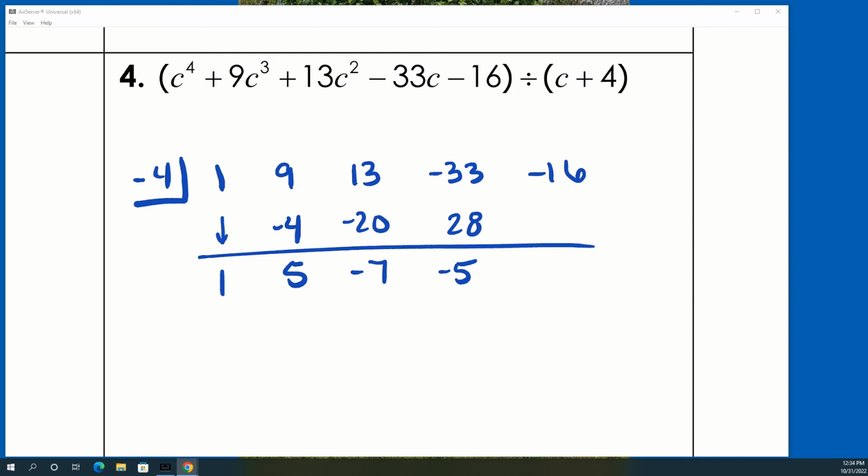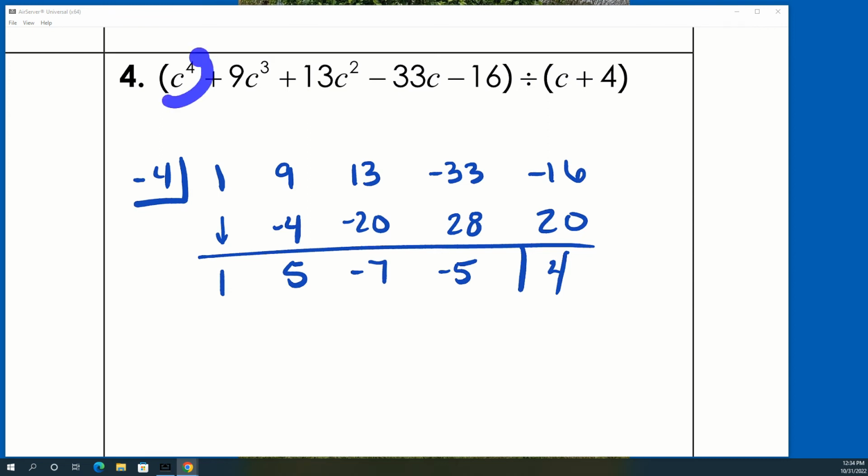And then, is that right? Yes. Then we're going to multiply. Negative 4 times negative 5 is 20. And then we add and get 4. Okay. Then we're going to apply the c's to this one.